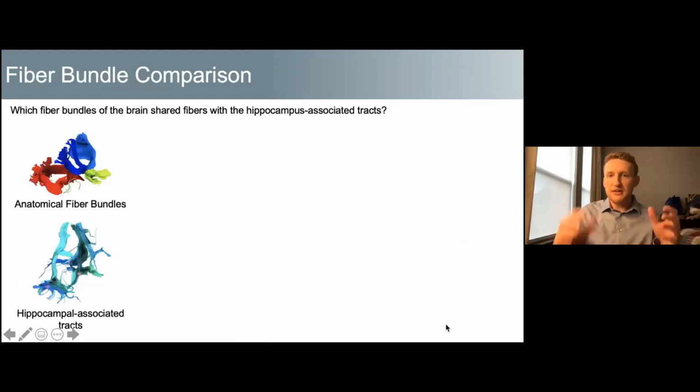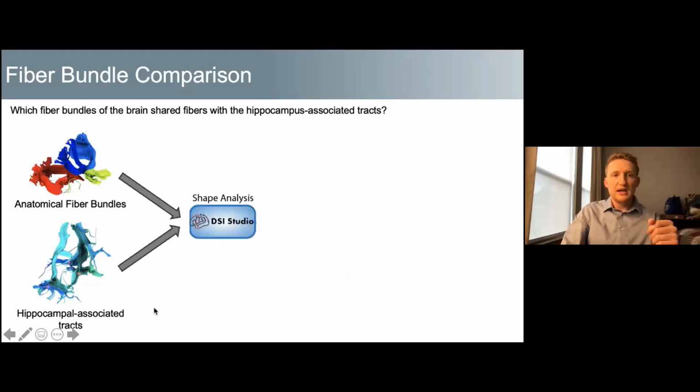So now we've got these anatomical fiber bundles and hippocampal associated tracks, and we needed a way to compare them. So we got to use a pretty exciting new way of measuring and figuring out the dimensions of these anatomical fiber bundles using a shape analysis, also within DSI Studio.